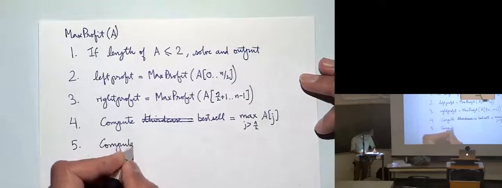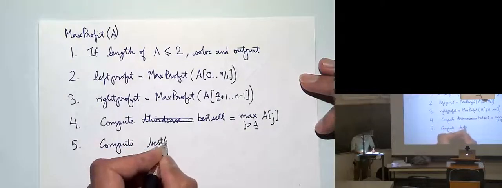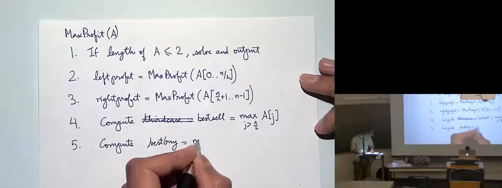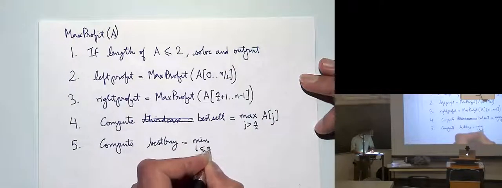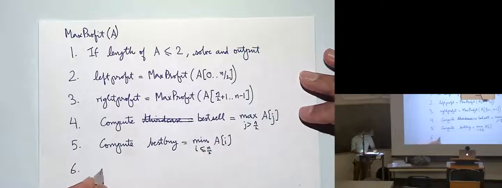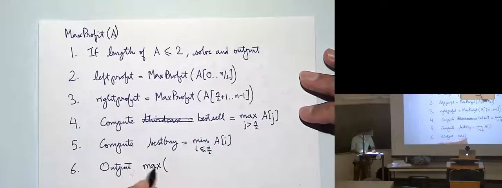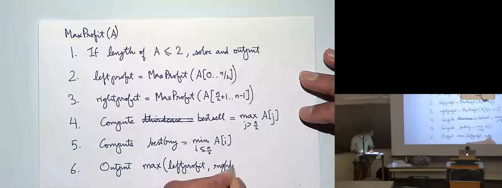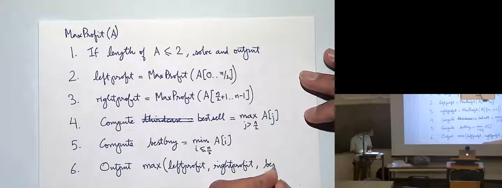Compute the best buy, min over i less than or equal to n over 2 of ai, and output the max of the left profit, the right profit, and the best buy minus the best sell.